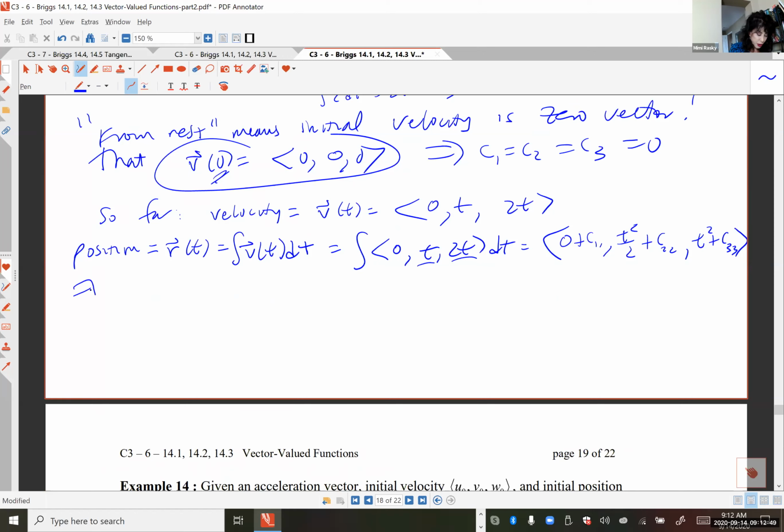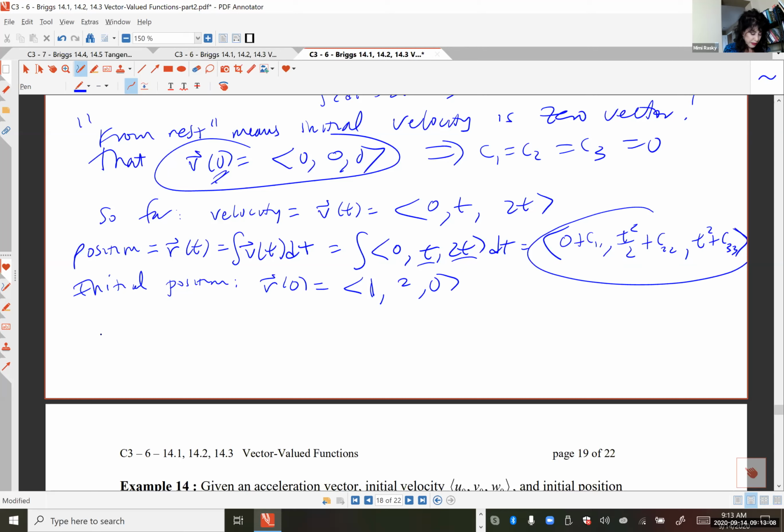So the initial position, this is one of the initial conditions, they told us essentially that r of 0 will give me 1, 2, 0. Sorry, my computer is really slow right now. So if you plug in r of 0 right here, you'll get 0 plus C11, 0 squared over 2 plus C22, 0 squared plus C33, has to equal 1, 2, 0.